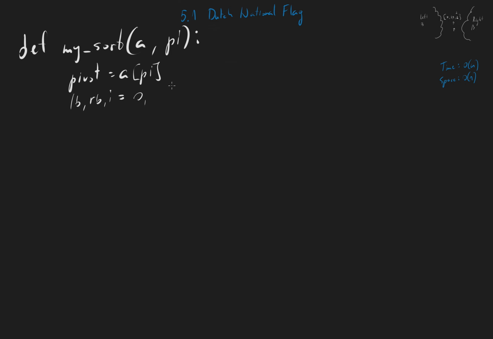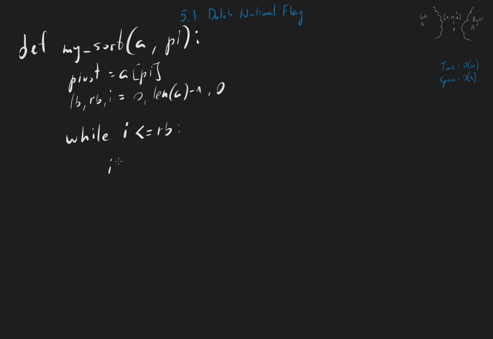Right boundary is the last index inside the array, so len minus 1, and I is 0. Cool. And then, while I is less than or equal to right boundary, we will be checking and swapping things.